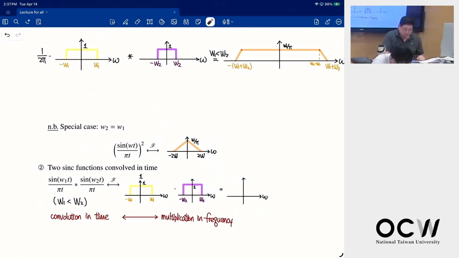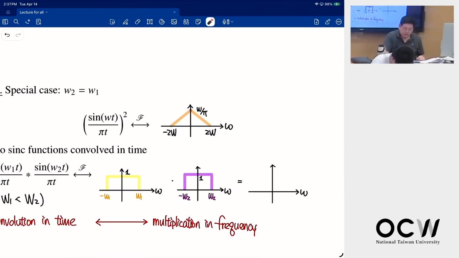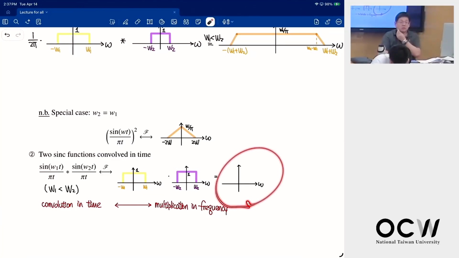Since W1 is less than W2, when they are multiplied together, what do we have? Rectangular pulse times rectangular pulse. Still a rectangular pulse, right?